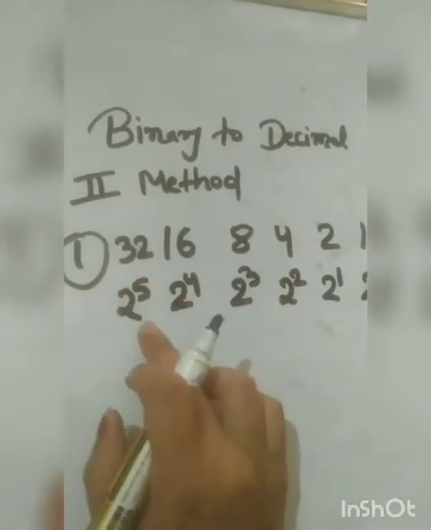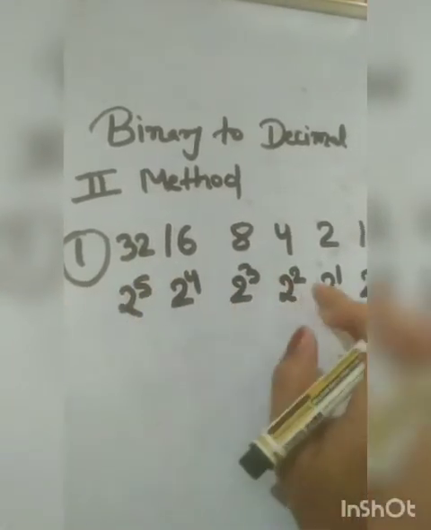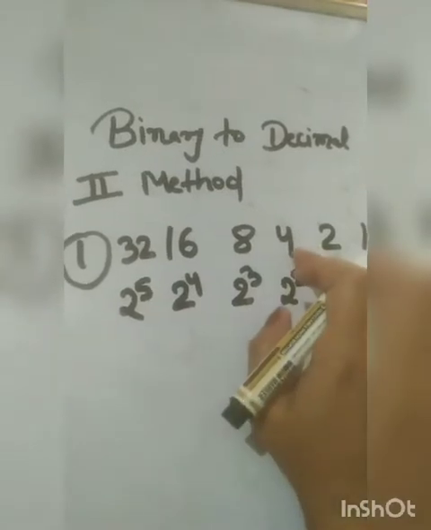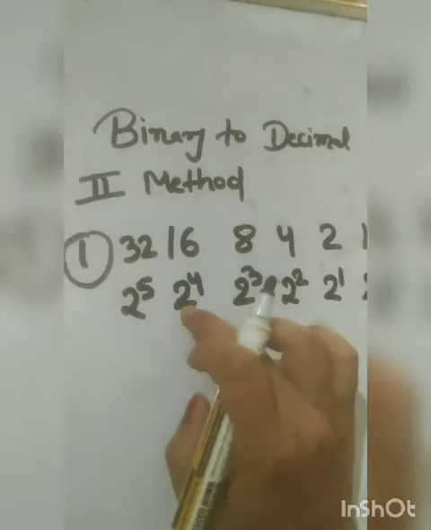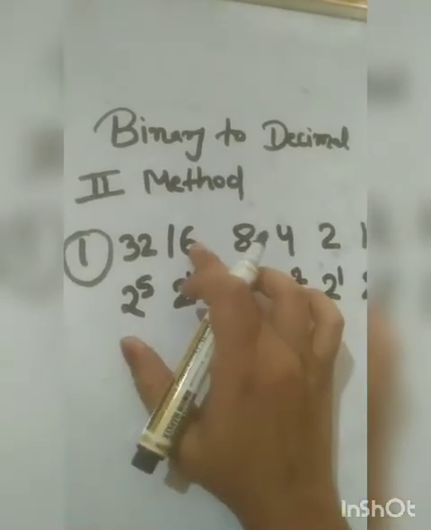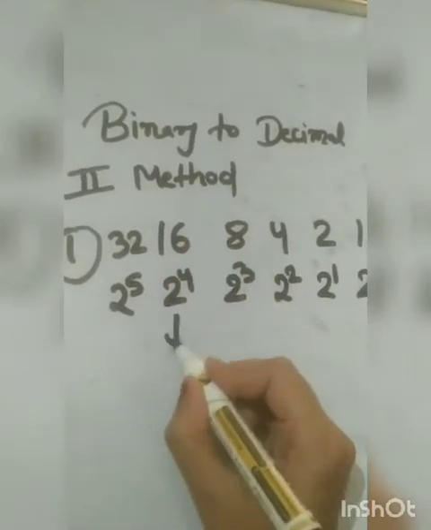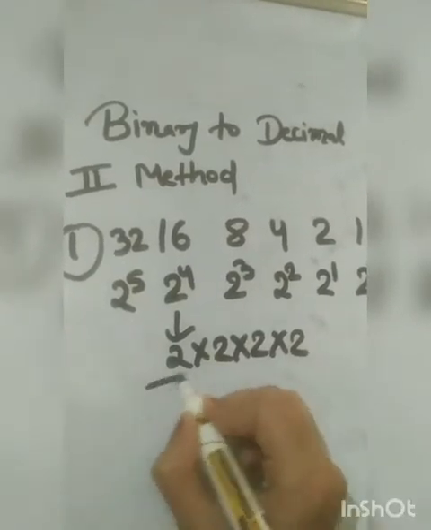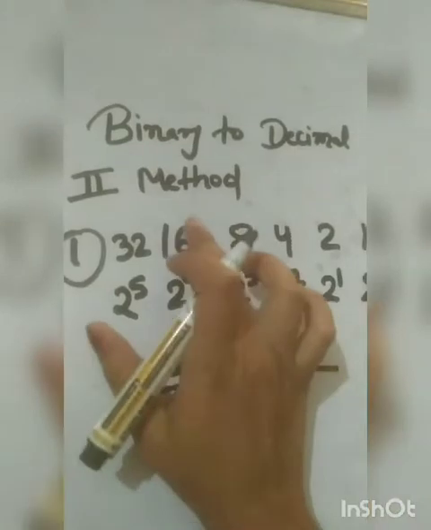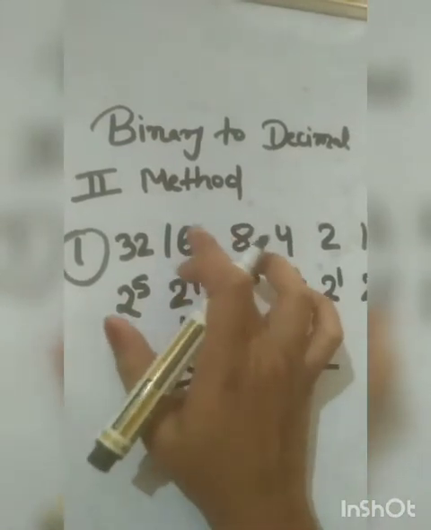If you solve this, 2 square means 4, 2 cube will be 8, 2 to the power 4 will be 16. 2 to the power 4 means 2 multiplied by 2, and so on. You already know about this.